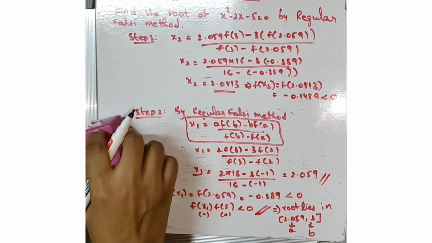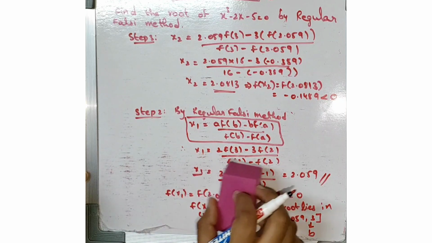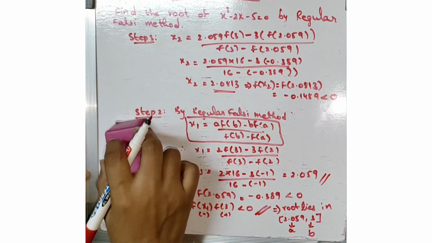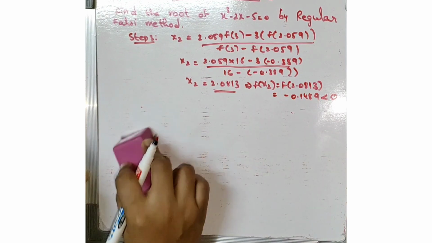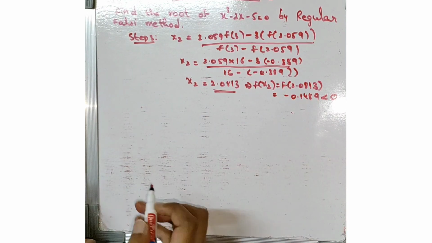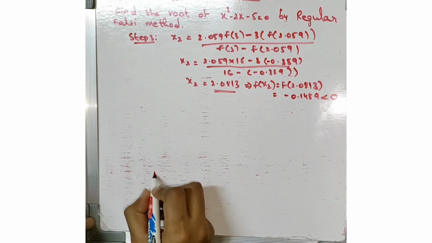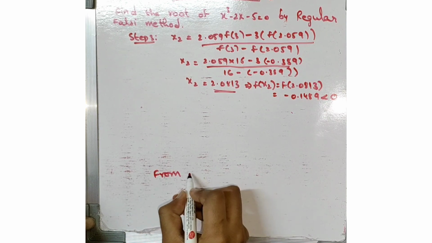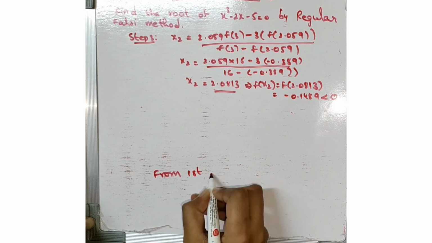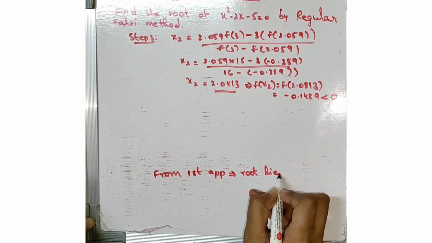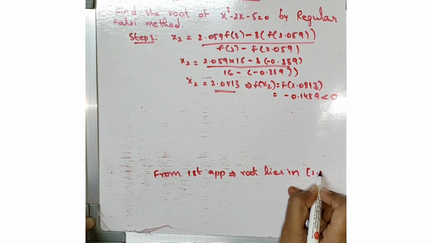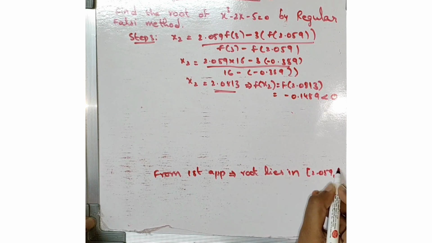Okay, I'll erase this. From the first approximation, we have seen that the root lies in 2.059, 3, right? Just remember this.